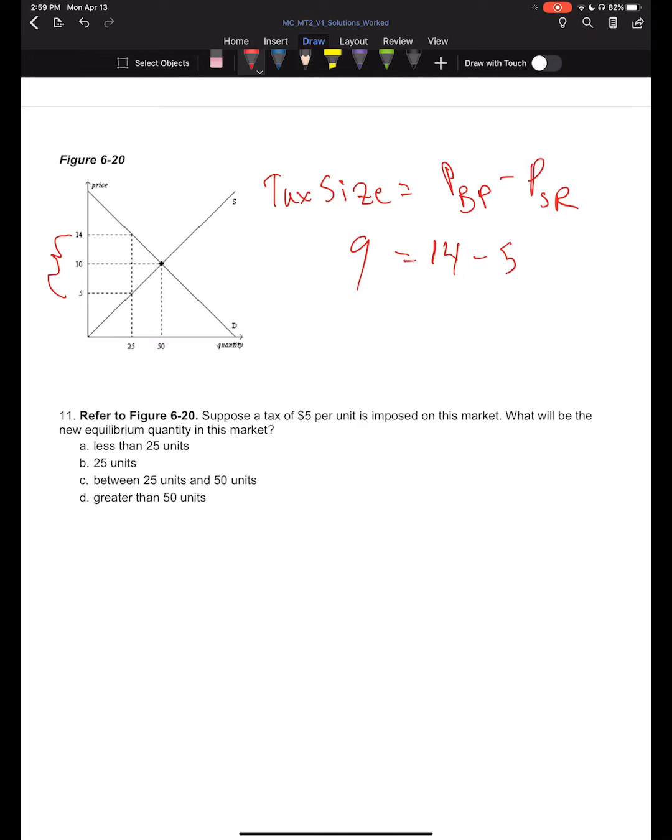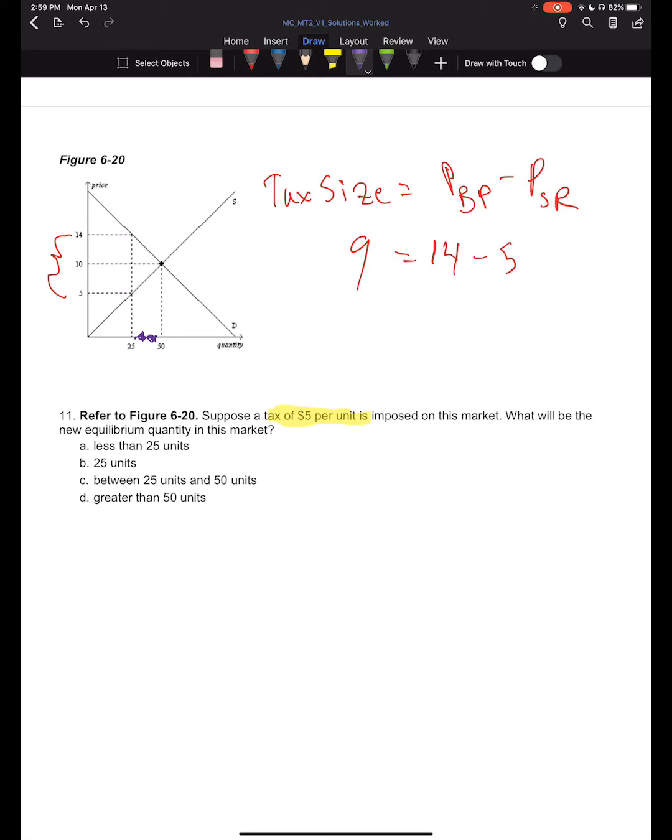We're asked in this question specifically, we are told that the tax is $5 per unit. Well, if the tax is $5 per unit, then we know that it's going to fall somewhere in between this $9 tax in equilibrium, which means the quantity is going to be somewhere in this area for the $5 tax between 25 and 50.